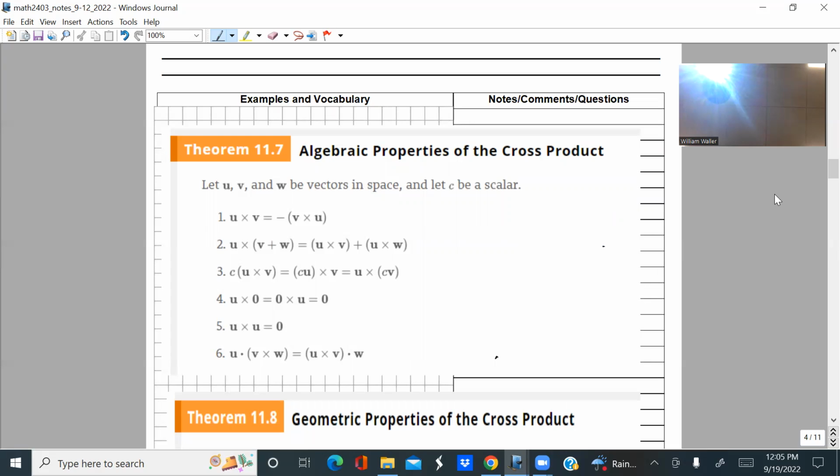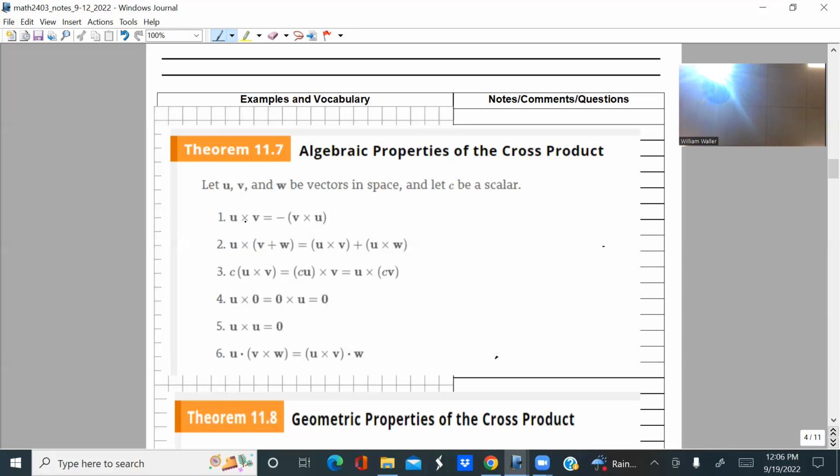It's not really crucial to memorize these because I don't think we have to recall them in many instances. But just remember, cross product does not have the same properties as scalar product or dot product.